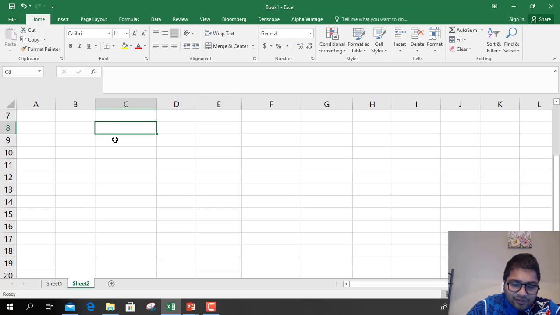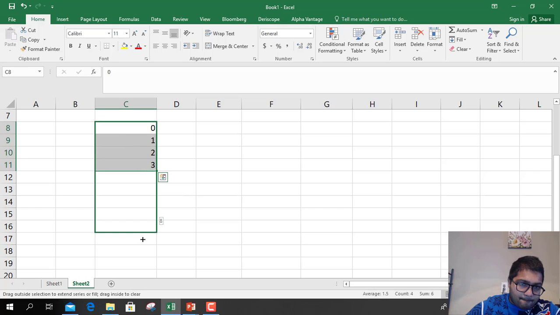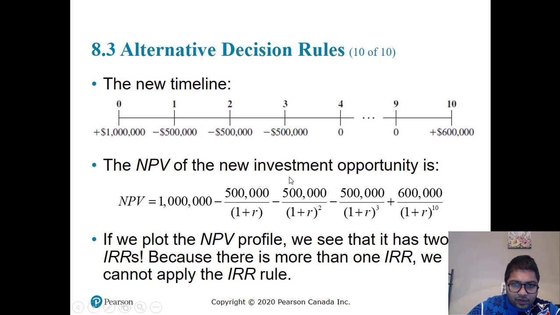So these are the cash flows we are comparing. Years 0, 1, 2, 3, up to 10.